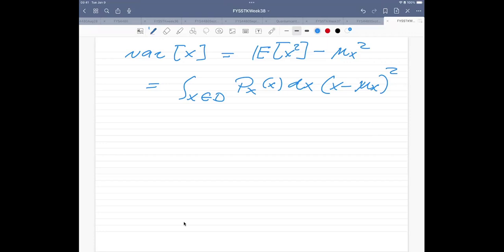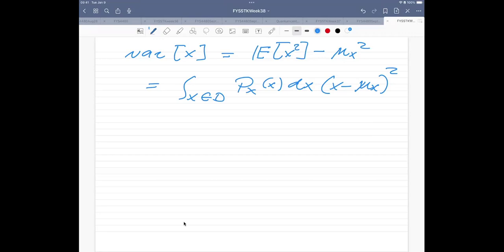So that's the definition of the variance. And this simply measures the spread from the mean value of the different events which we have. And then we square it, which means that squaring the spread puts quite some emphasis on outliers. So in a certain sense, it mimics what we have seen before with the mean squared error.